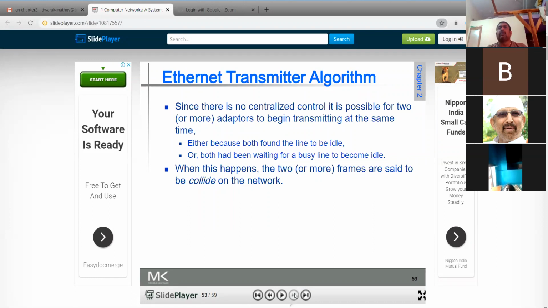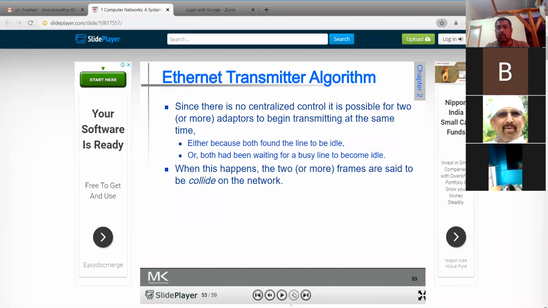Assume the line is busy, and at the same time both are waiting for the line to become idle. Then both will send frames, and there is a chance of a collision. When this happens, the two or more frames are said to collide on the network, meaning the two frames will collide on that particular link.